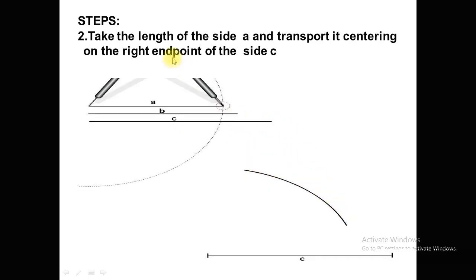Now take the length of side A and transport it centering on the right end point of the side C. It means that open the compass about the length of the side A and put the compass at this point of side C and draw another arc.